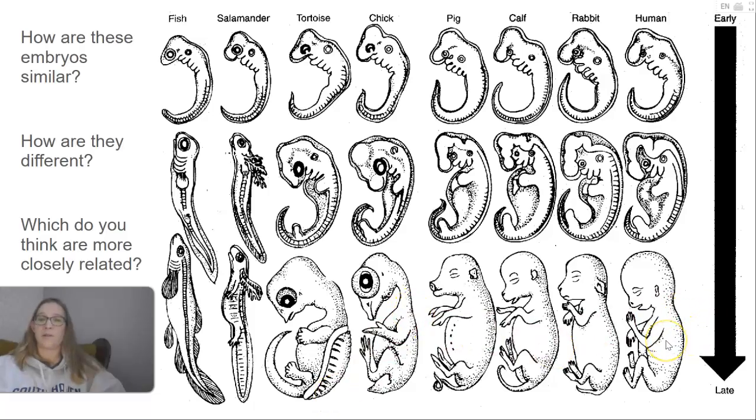Here's a human, right? Over time, they develop different features, and the size of the brain is different, the size of the legs and the tail is reduced in quite a few of these, but they have similarities, and this is thought to indicate that they all have a common ancestor.